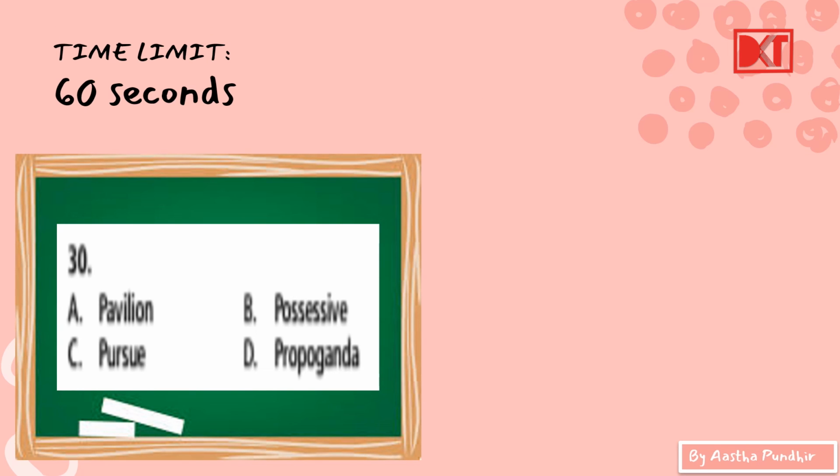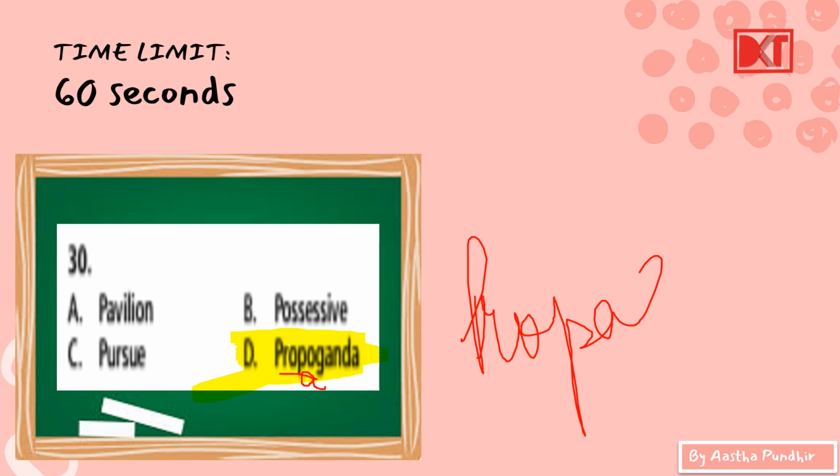Alright, now here, the word which is incorrectly spelled is here D. What they're trying to say is propaganda, and the correct spelling for propaganda is, let me write it, propaganda.